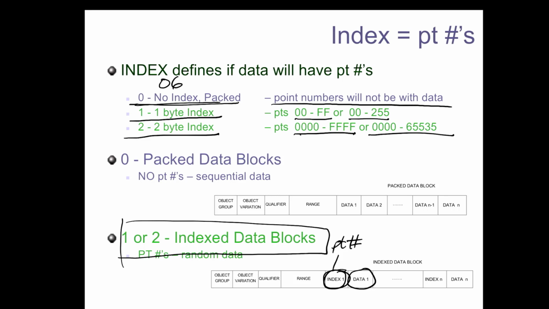But what we're saying is with a 1, which is a 1 byte index, there's only going to be 1 byte to represent the point number. If it's a 2 byte index, that means there's now going to be 2 bytes to indicate the point number. Right? There'd be 2 bytes to indicate the point number. And then we'd have point data after that, the value of the 32-bit register or whatever.